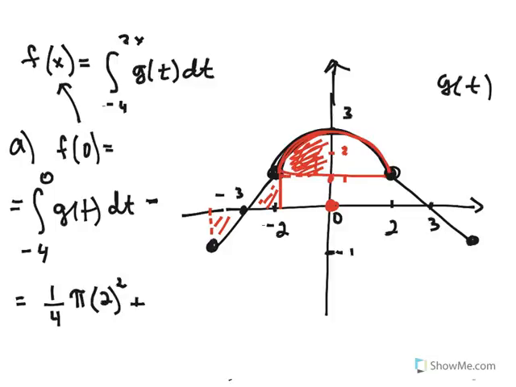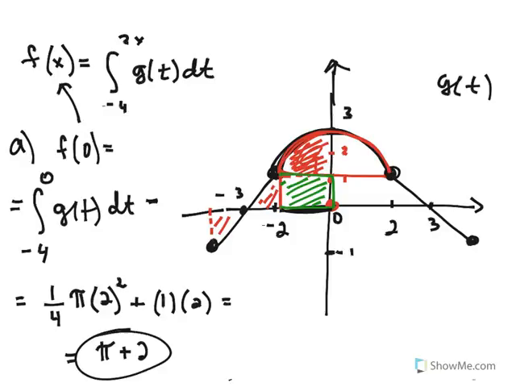And also there's another triangle right here on the bottom. You see that? So we need to find the area of that. That's length times width. So that would be 1 times 2. Here, 2. So we get pi plus 2. I hope that makes sense.